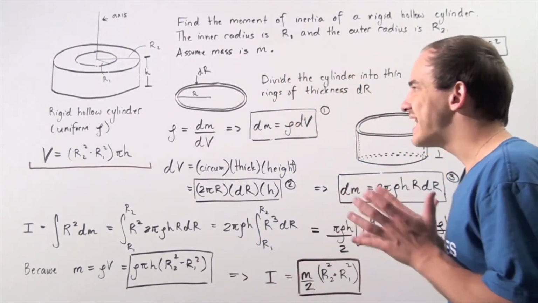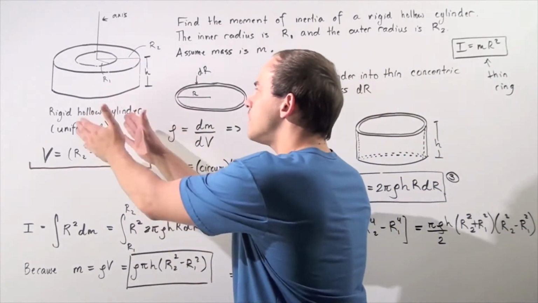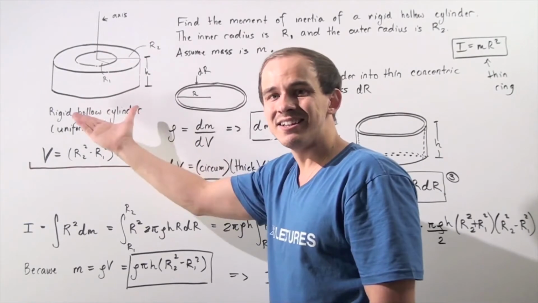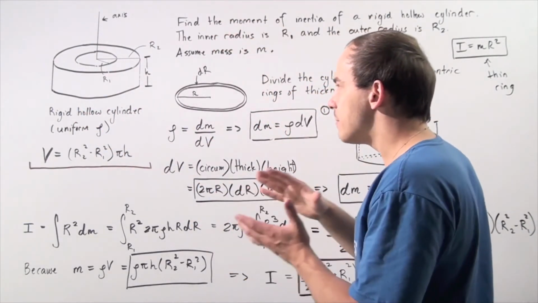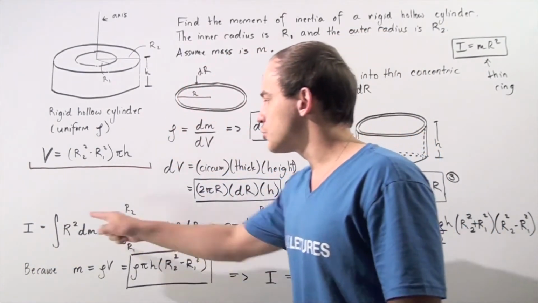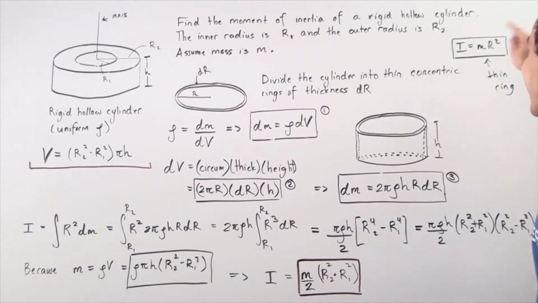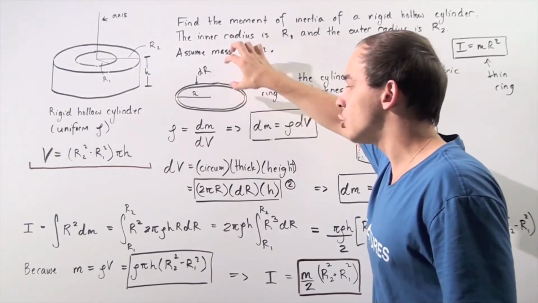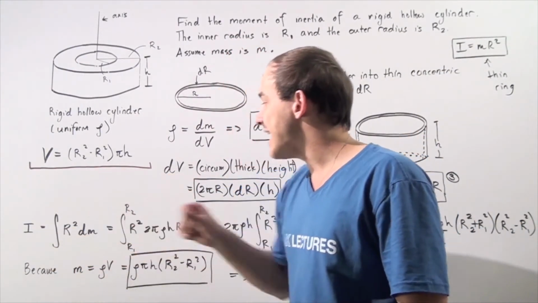Now we want to calculate the moment of inertia of all of the rings that compose our hollow cylinder. So we want to take all of these rings and sum them up. That means our moment of inertia is equal to the integral of r squared multiplied not by m, but by the mass of this one single ring, dm. We want to take the sum, the integral.